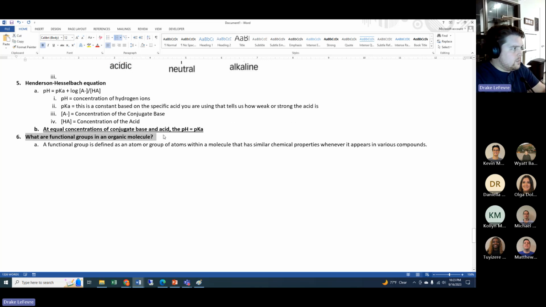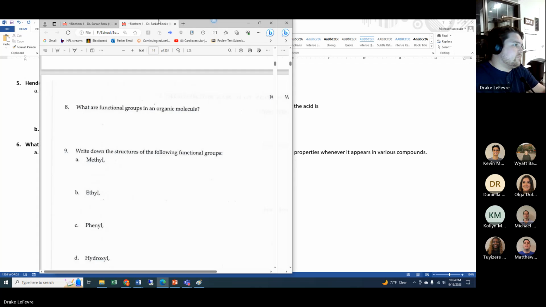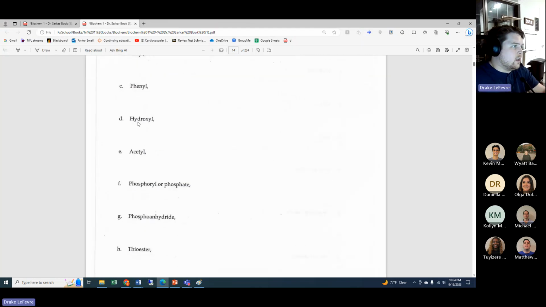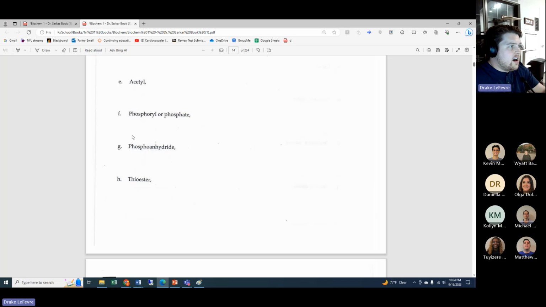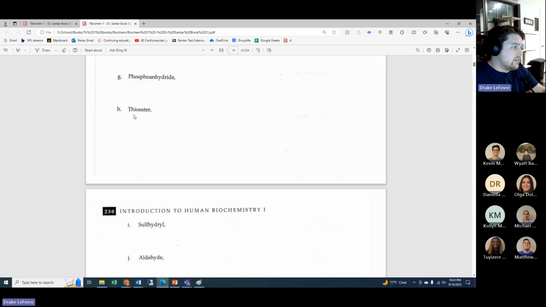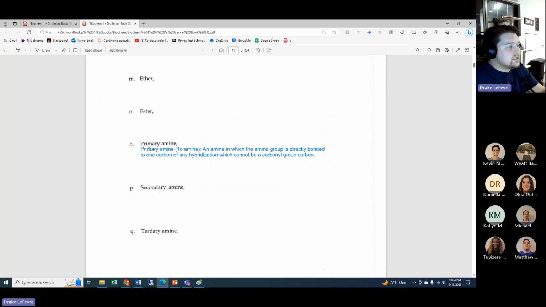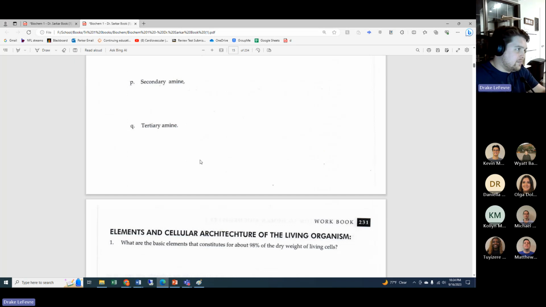So we have a whole bunch of different functional groups. Our methyl, ethyl, phenol, hydroxyl, acyl, phosphoryl or phosphate, phosphoanhydride, thioester, sulfhydryl, aldehyde, keto, carboxyl, ether, ester, primary amine, secondary amine, tertiary amine.